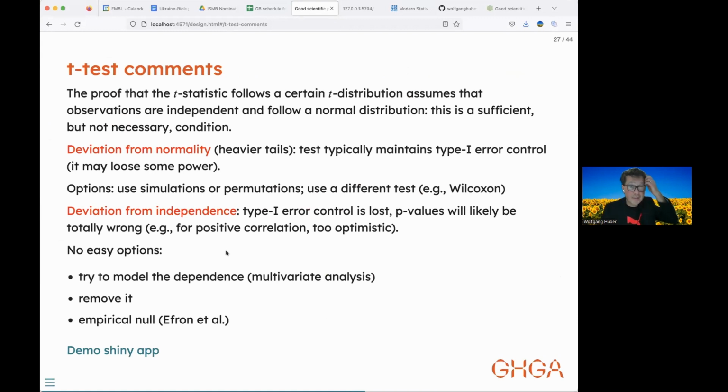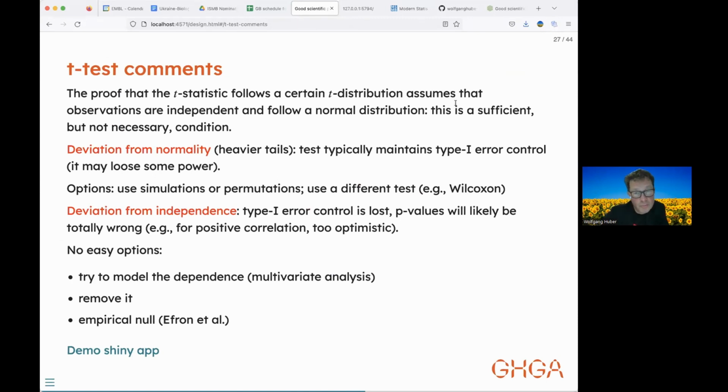Some last comments on the t-test. There's often a lot of anxiety about using t-tests in data analysis. There's a proof that the t-statistic follows a certain distribution, called a t-distribution, which assumes that the observations are independent and follow a normal distribution. People often get very queasy about those assumptions and think that whenever the assumptions are not met, the test is invalid.